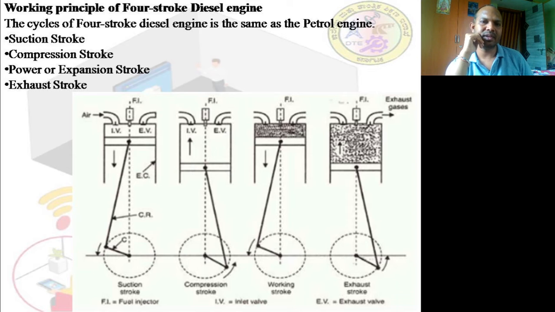The fuel injector is something like a syringe. It provides atomized diesel, something like a sprinkling. That means it will be almost in a partial vapor state. Is it clear? That is the use of the fuel injector, shown here as FI. FI stands for fuel injector.